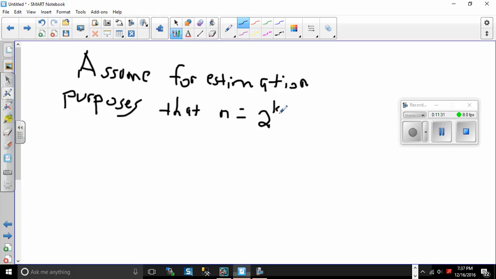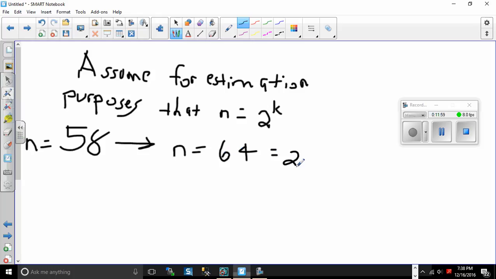For instance, suppose n is 58. For runtime estimation purposes, go ahead and let n equal the next power of 2 past 58, and that would be 64, which is equal to 2 to the 6th power.